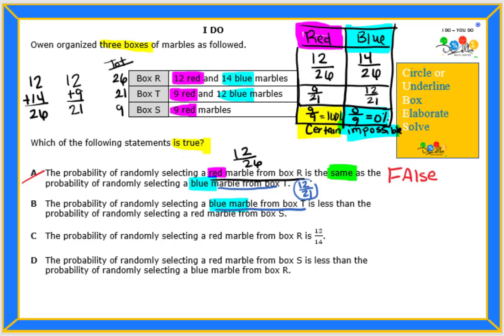And it says that is less than the probability of randomly selecting a red marble from box S. So remember, box S was the one that did not have any blue marbles. So remember what we said about getting a red marble from box S? It was 100%. It was certain.